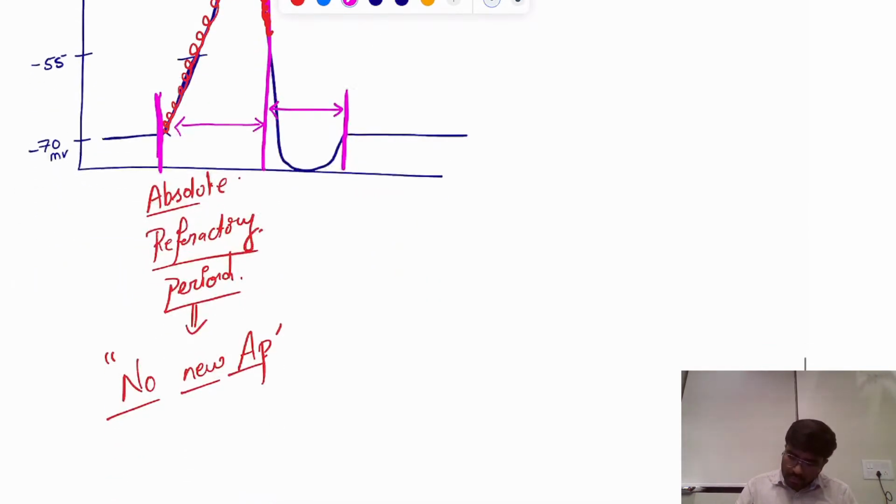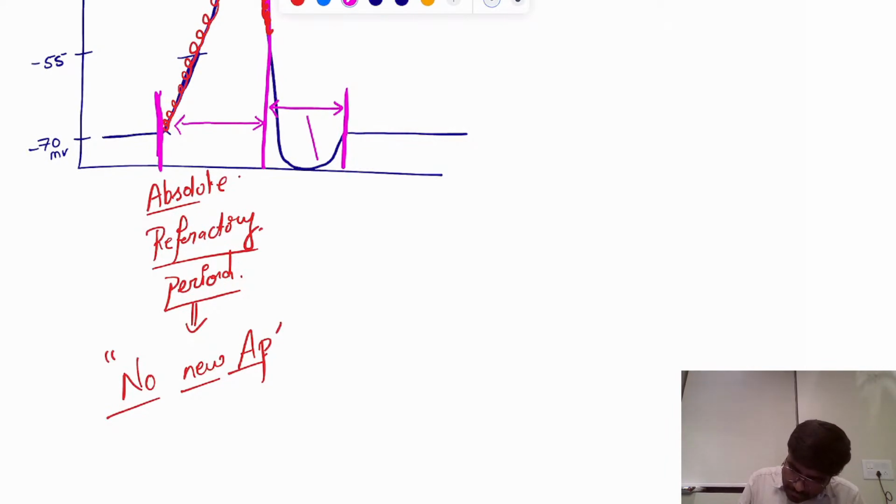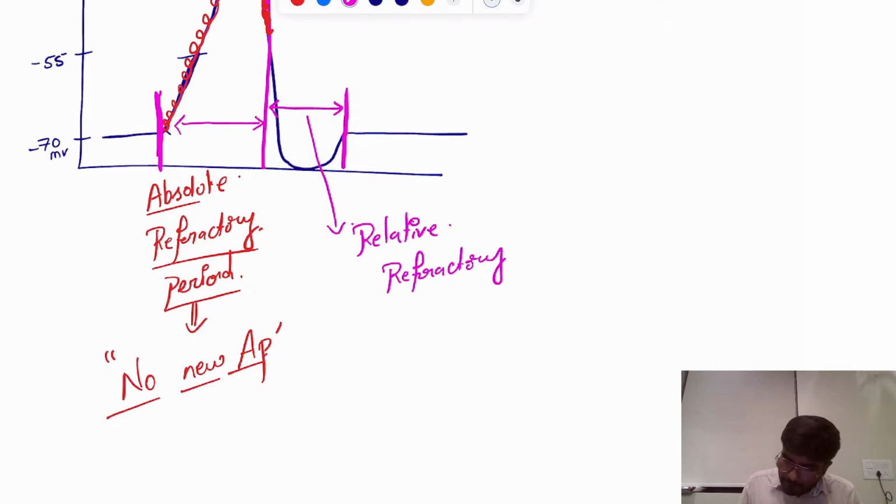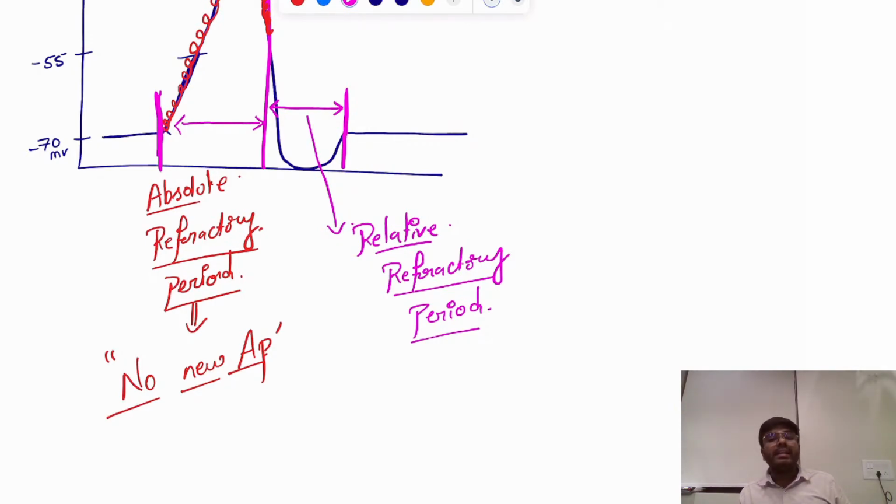So this period which I have shown here is called the relative refractory period. Now, what exactly is the relative refractory period?